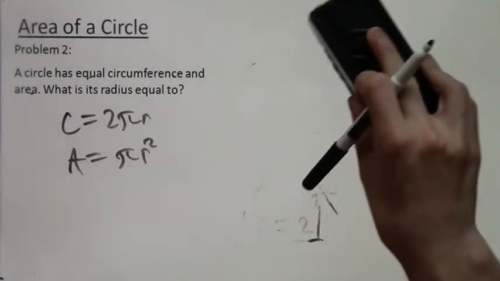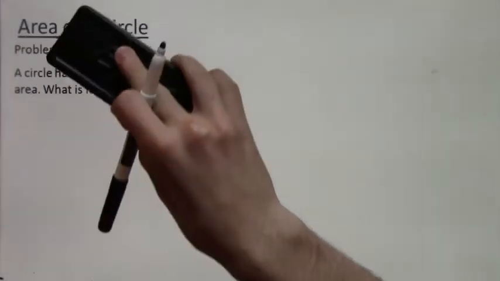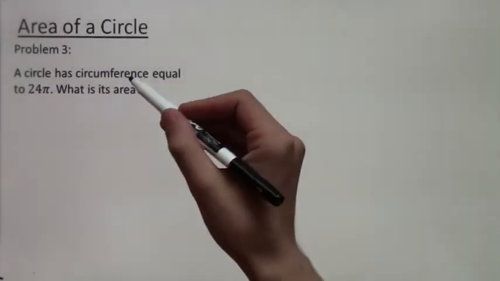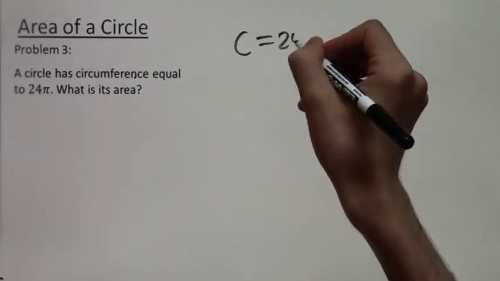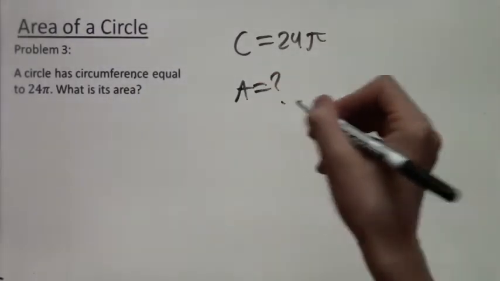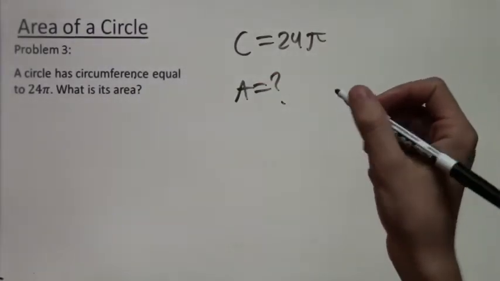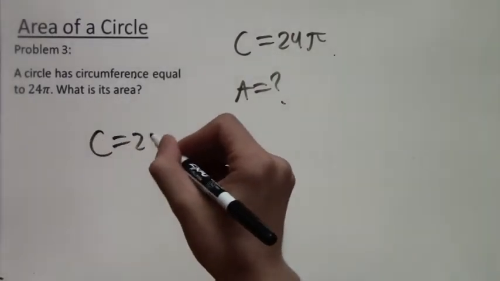So now we're going to do one last example to make sure that we really understand these circles. A circle has circumference equal to 24 pi. What is its area? So we're given C equals 24 pi. We want area. So what do we know about the circumference?